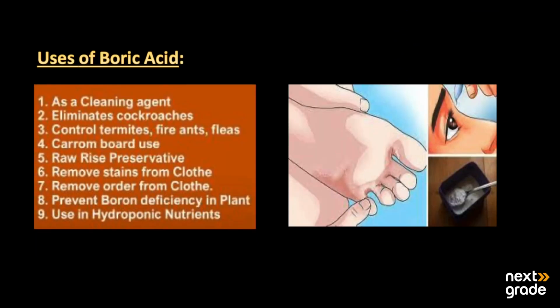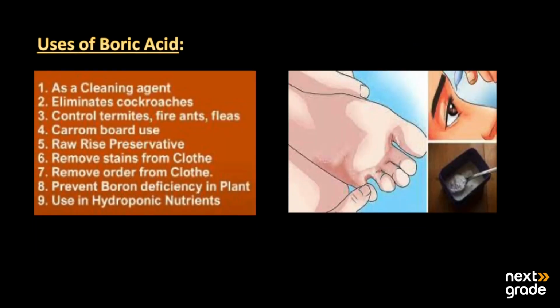Then we have the uses of boric acid. Boric acid can be used as a cleaning agent. It can also be used for the elimination of cockroaches from the kitchen and from the house. It can control termites, fire ants, and fleas. It is also used on the carom board. It is also used as a preservative.